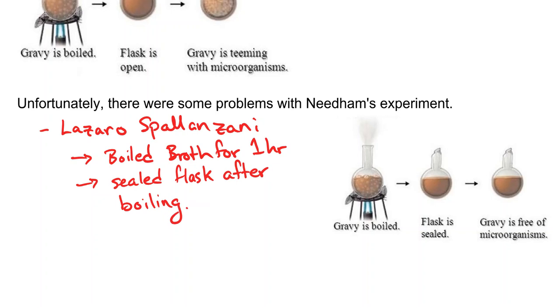He tried to separate the newly sanitized or pasteurized broth from anything else in the environment that could contaminate it. So he boiled it for an hour, he sealed the flask, and the broth was free of microorganisms.